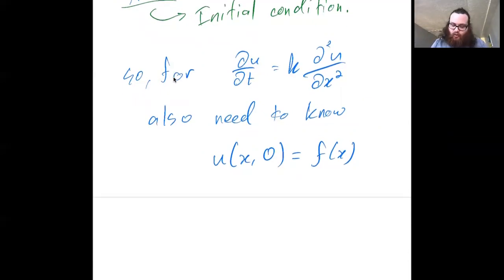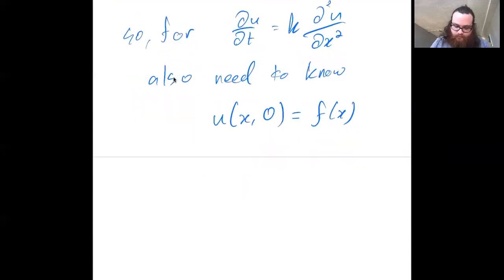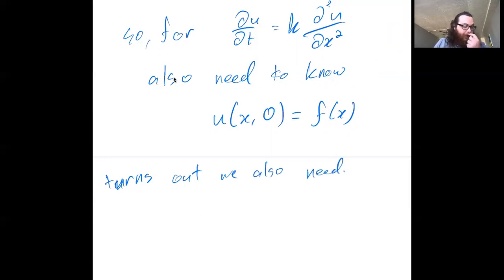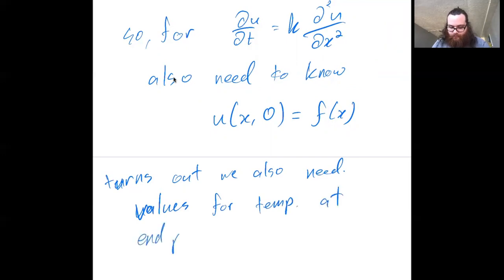And one other feature of PDEs is that it turns out we also need values for the temperature at the endpoints. In this case, it's not enough to just give that initial profile. We also need to specify something about how this temperature is behaving at the endpoints.